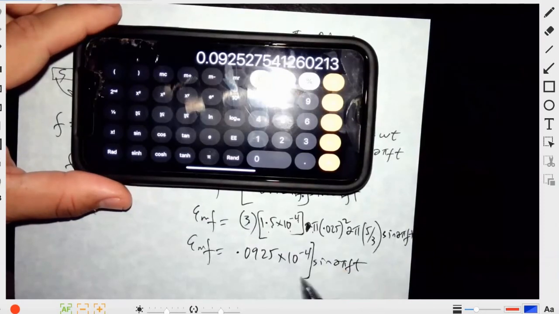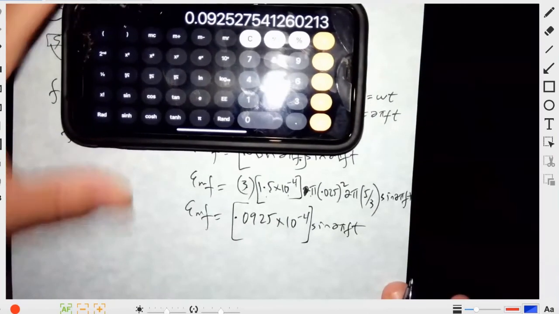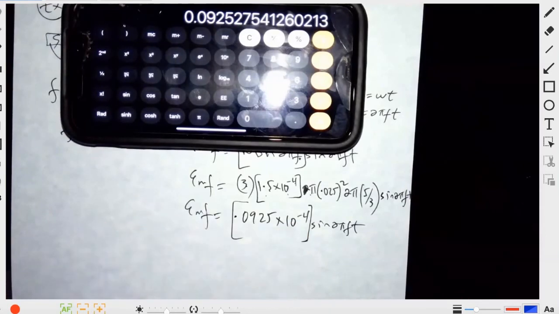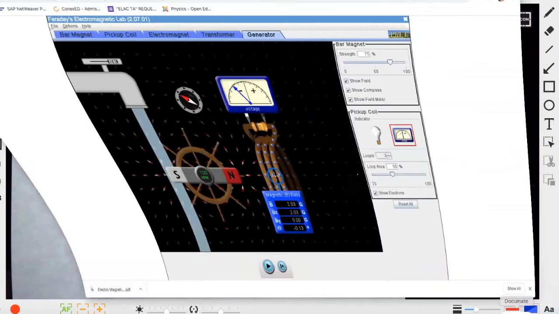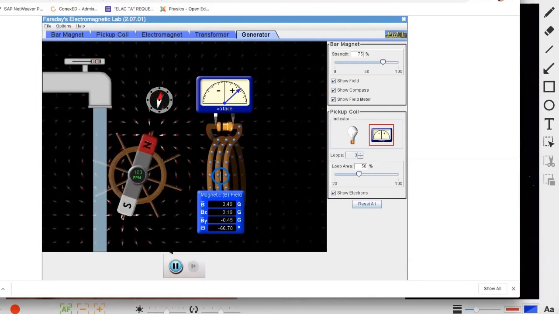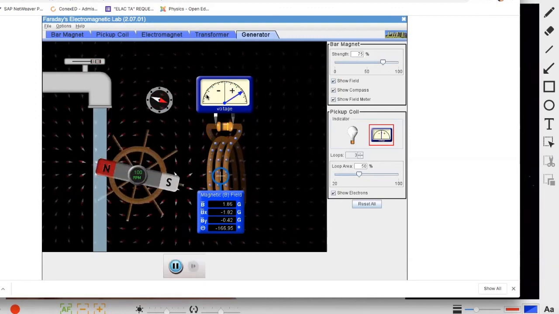So of course the maximum value is going to be 0.0925 times 10 to the minus 4 volts. Yeah, so it's not that big. But over here, we actually see it. I'm not really sure what the scale is, but definitely this one goes all the way to here.